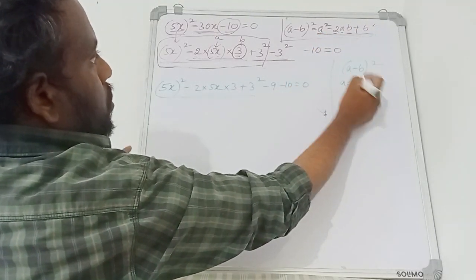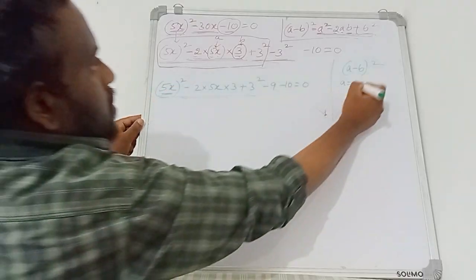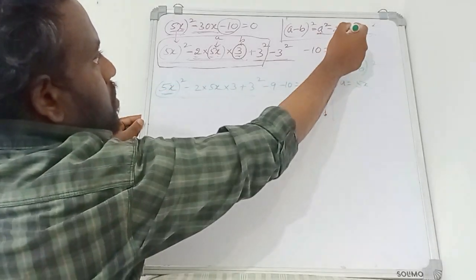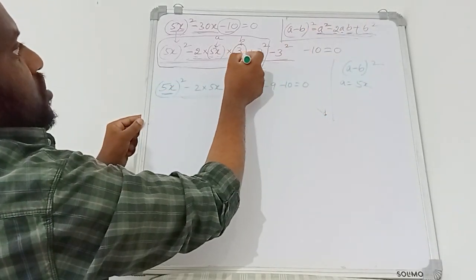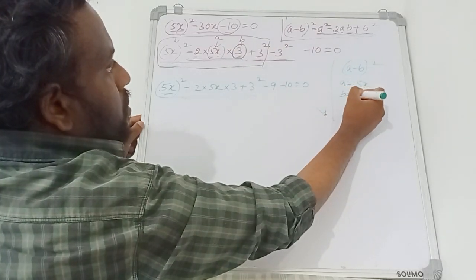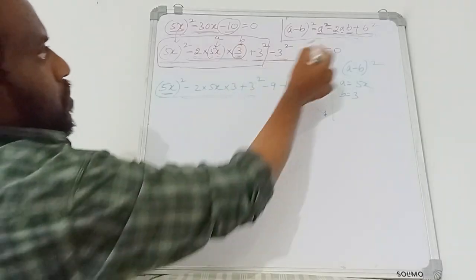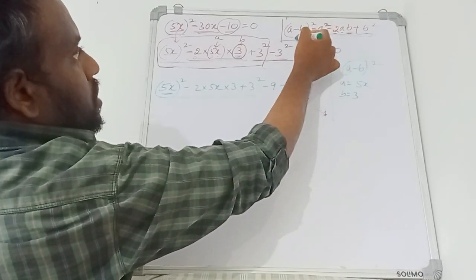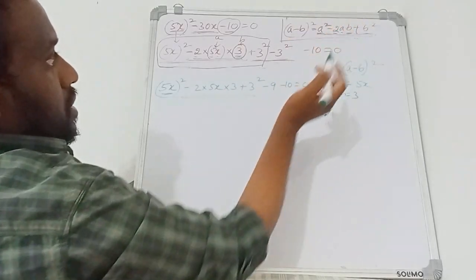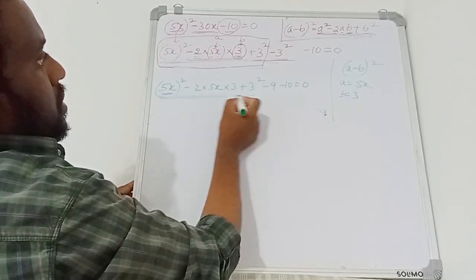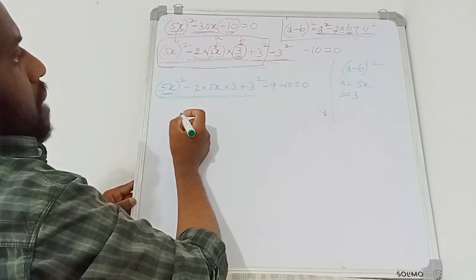So a is equal to, in place of a we have 5x. In place of b we have this 3. b is equal to 3. Since this is in the form of this and this is equal to (a - b)², then this should be equal to (a - b)².